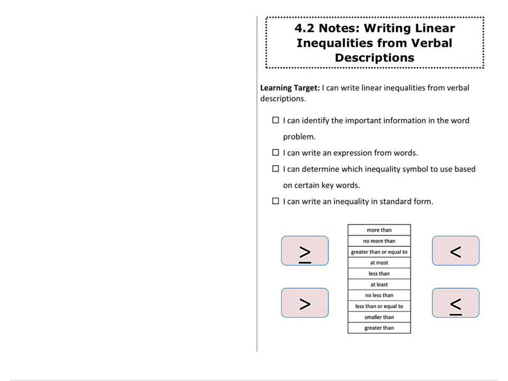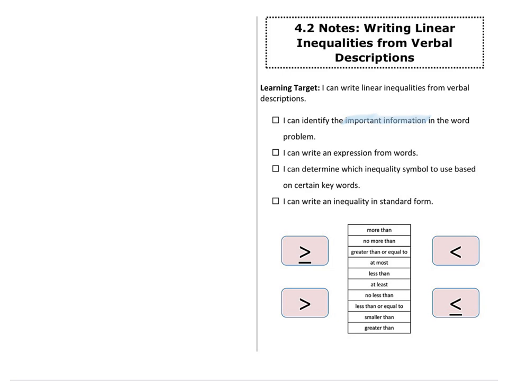So let's dive in. Your learning goal for today is to write linear inequalities from verbal descriptions, so looking at words. To do that, we're going to need to identify the important information. It's going to be like the y-intercept or the slope, or it could also be two rates and a total.